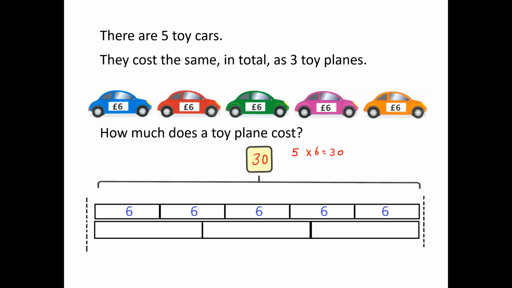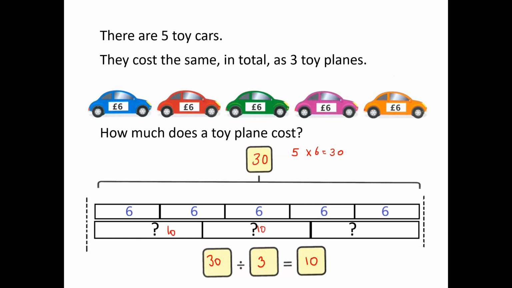These represent the toy planes. We need to find out the cost of each plane. To do this, we divide the total cost, 30, between 3 groups, which is 10. Each plane will cost £10.